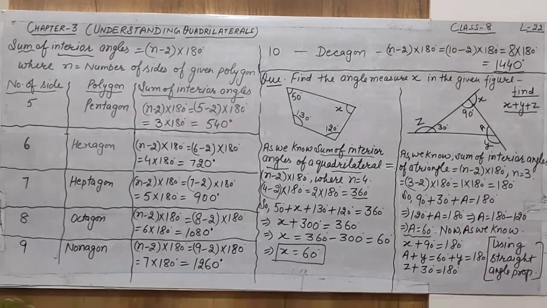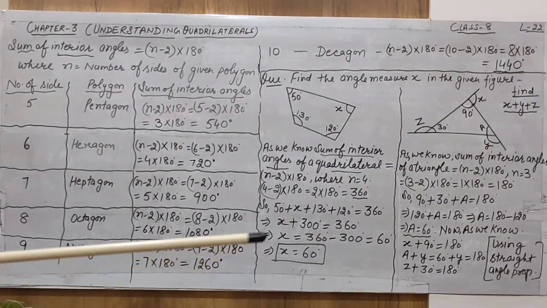Now if this is the sum of all the angles, how can we write the sum of all the angles? We can add all the angles: the first angle is 50, next is x, next is 130, and next is 120 degrees. So we can write these angles in the form of an addition as well.